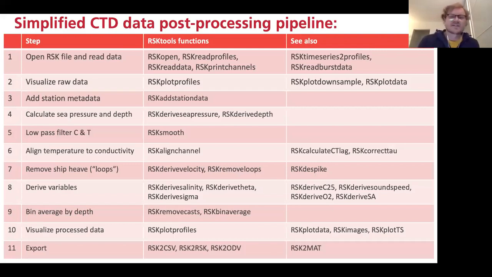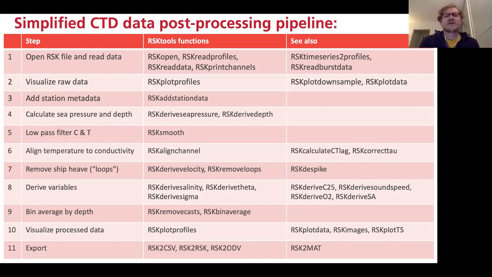This is kind of a big, nasty table. Of course, we're not going to go through it all here, but the first column on the left says step. That's a post-processing step. Here I've arbitrarily broken them down into 11 steps: opening the files, visualizing it, adding metadata, calculating simple things like sea pressure and depth, filtering.